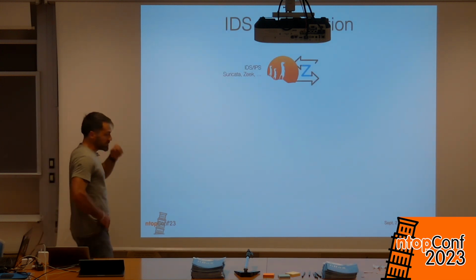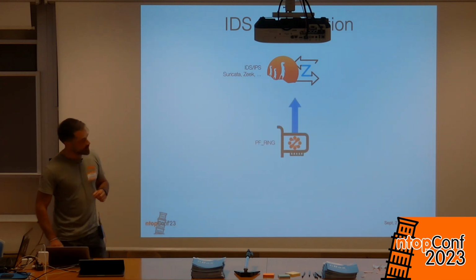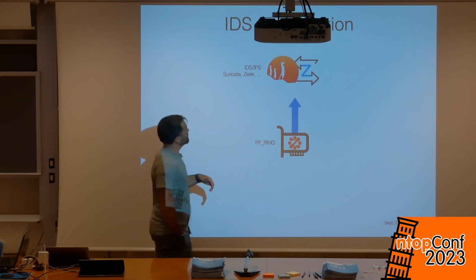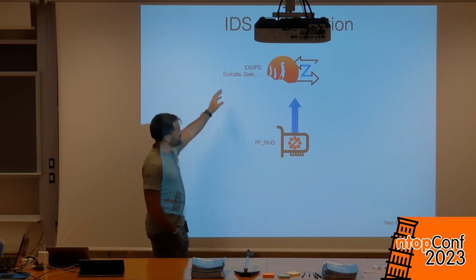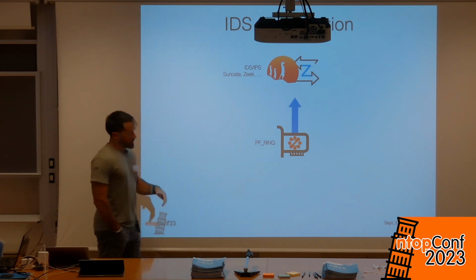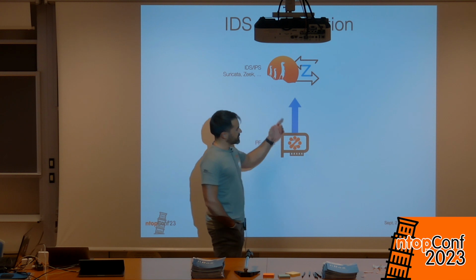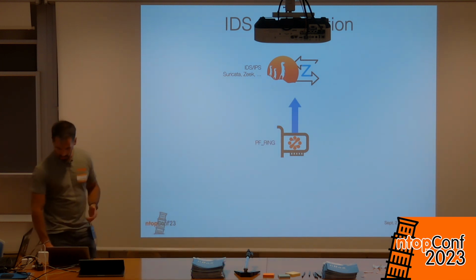Now, with PF_RING, we also contributed over time to the acceleration of IDS systems like Suricata, Zeek, or Bro. At the beginning, we just introduced the support for PF_RING in those tools to accelerate the performance.